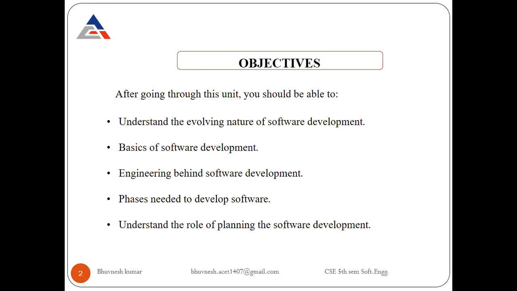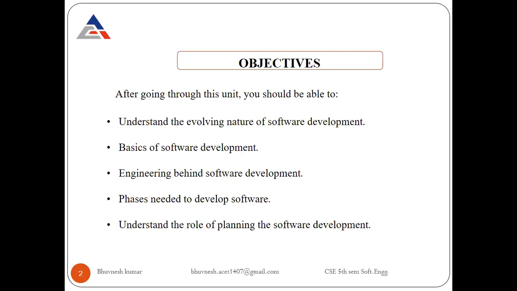Understanding the evolving nature of software development. First objective is to understand the evolving nature of software development. Evolving means from where it started and up to which stage it has reached now, in the 21st century.